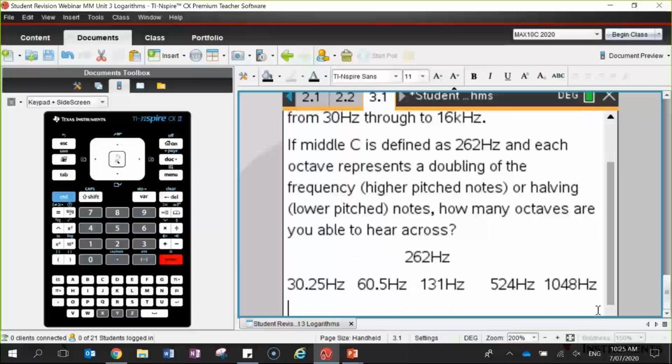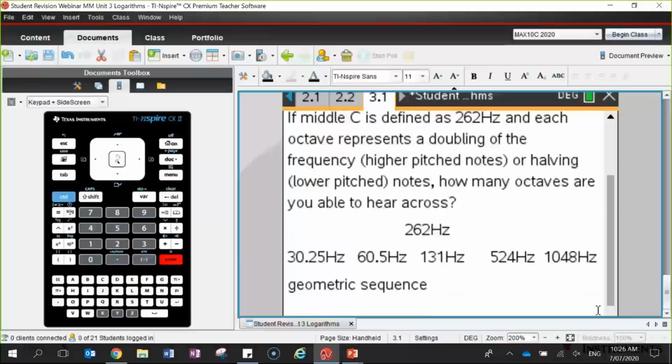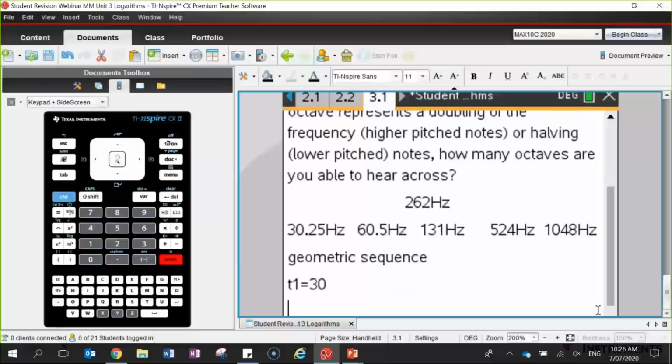So what I should realise is that I've got a geometric sequence where my first term, T1, is equal to 30, and I've got a known middle value of 262. I've also got a common ratio of 2.